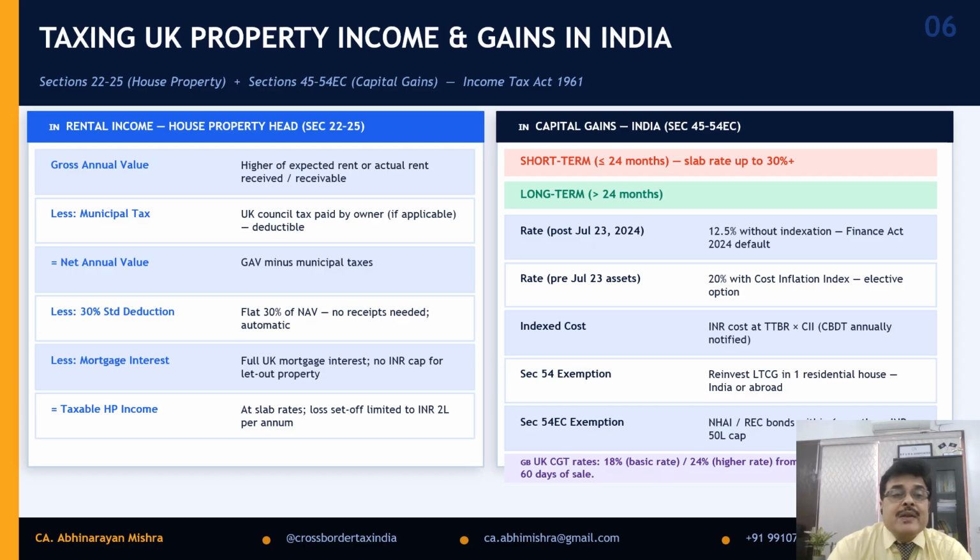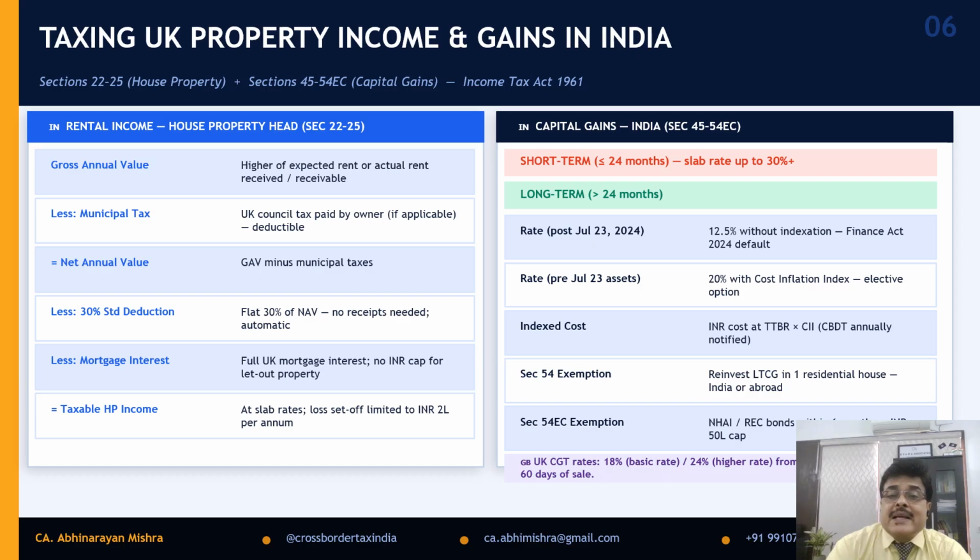Gross annual value minus municipal tax equals net annual value, and then less 30% standard deduction, less mortgage interest. Full mortgage interest, with no INR cap for let-out property, and that will be taxable under house property at slab rates. Loss can be set off but is limited to 2 lakh per annum.